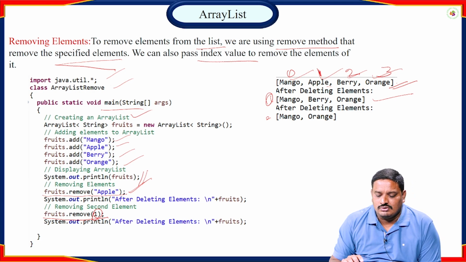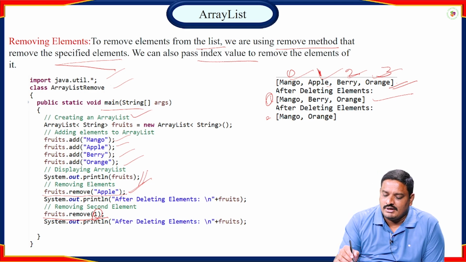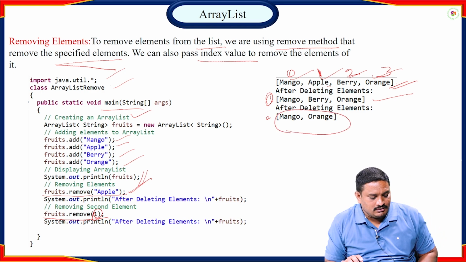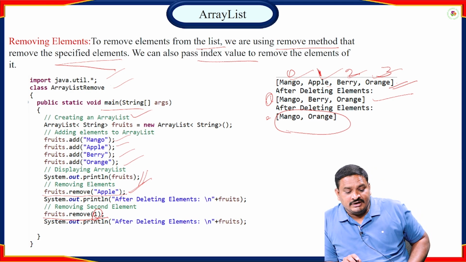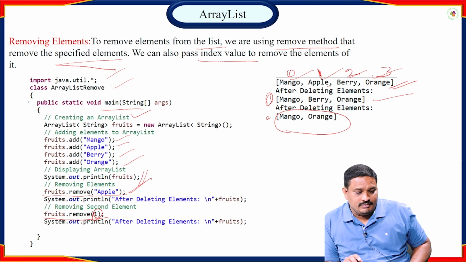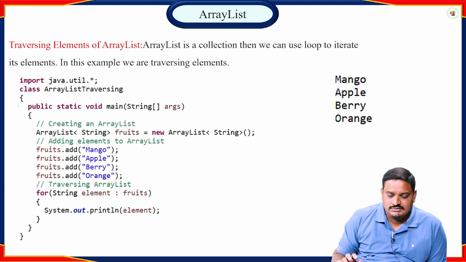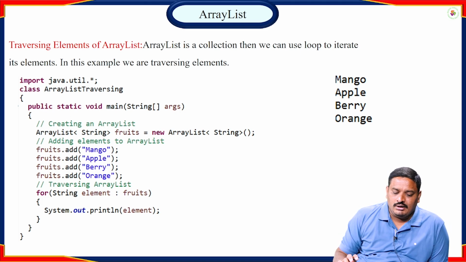After deleting the elements, this will be displayed. That is removing the element. The third one is traversing the elements in the ArrayList.